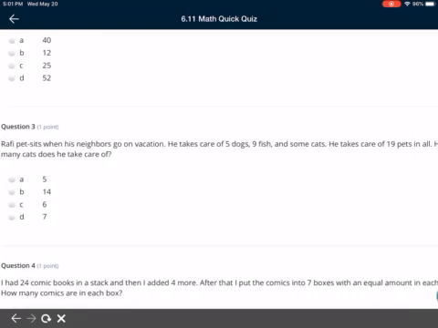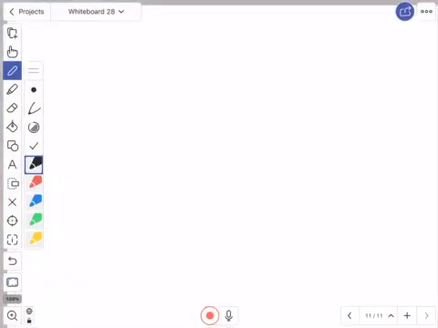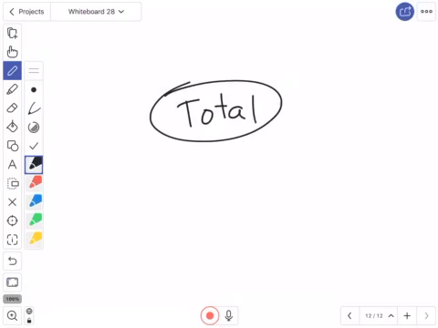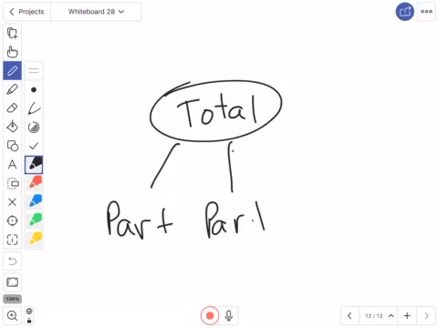Well, I already know what my total is. So one way to think about this is, I think of a math mountain. Up here I have my total. And they already told us how many pets he has total. They also told us some other pieces of information, which would be the parts. They gave us a number for one of the parts, a number for another of the parts, but one of the parts was an unknown.